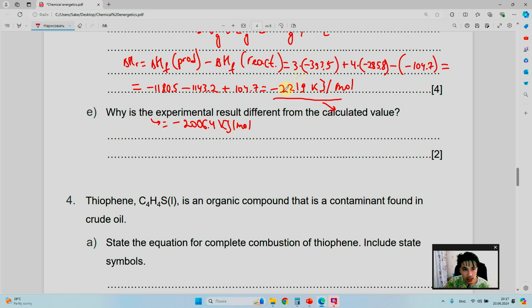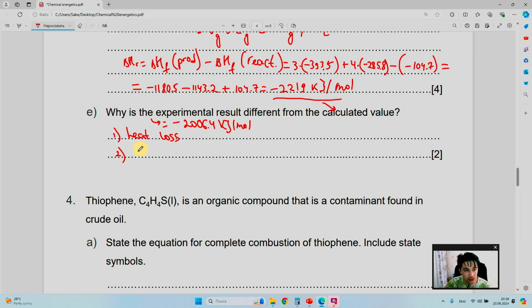So look, calculated value is more exothermic, meaning that some energy was lost during the experiment, so you can actually focus on this. So you can say that there was heat loss during the experiment.